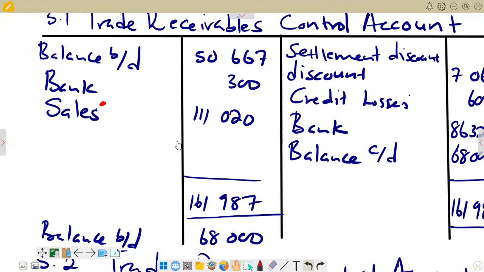This is the figure for sales that we found in the trade receivables control, representing our credit sales.